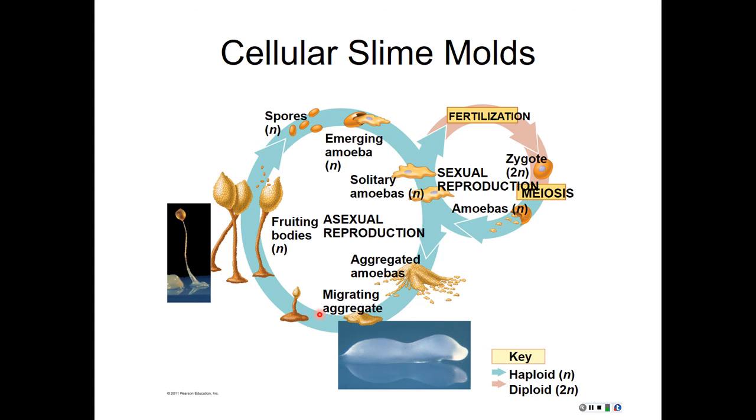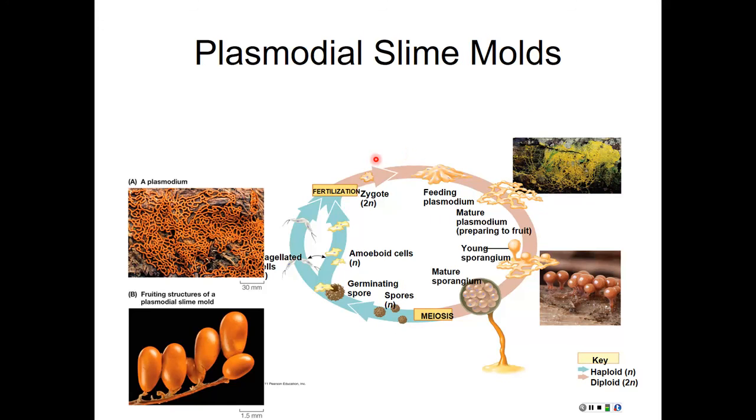So there's a couple different strategies we can have here. If we look at this figure, one thing you're going to notice is that it's mostly haploid for its entire life cycle. And that is in contrast to the plasmodial slime mold, which is, I would say, mostly diploid.